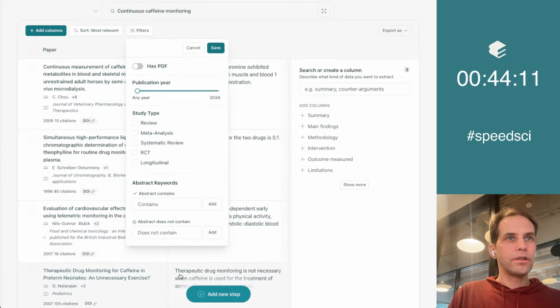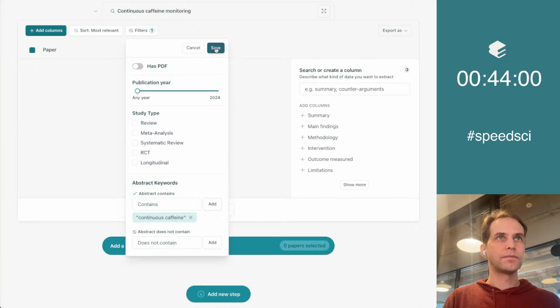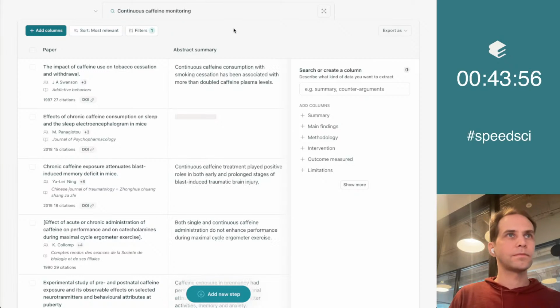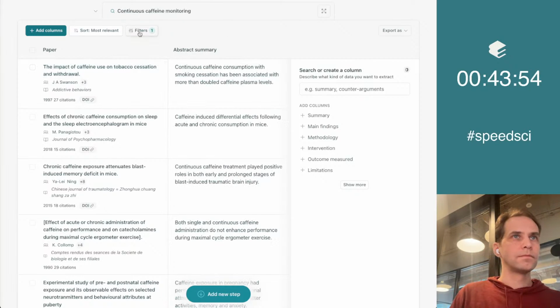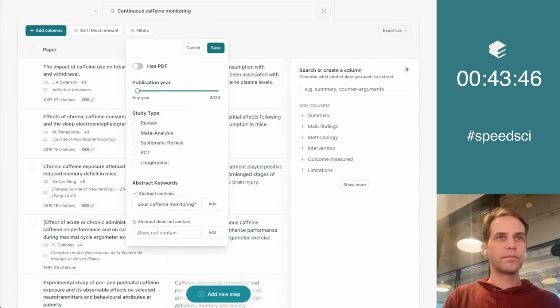So it could actually be interesting to first see if there is anything with the keyword continuous caffeine. Maybe even more directly, continuous caffeine monitoring.